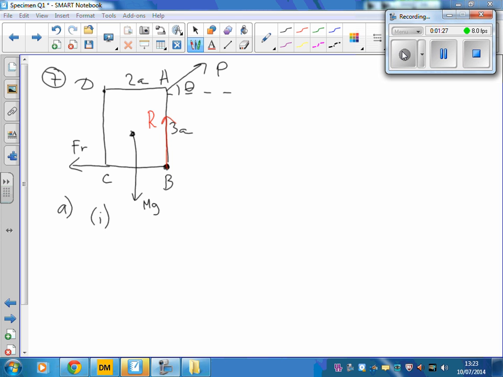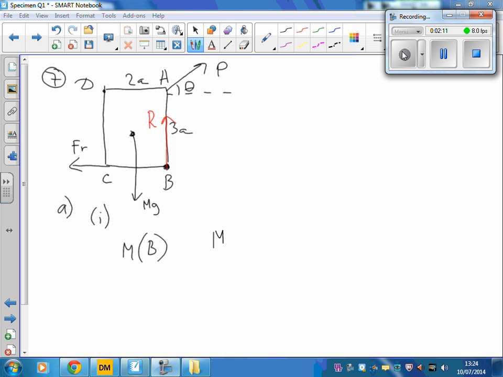So if we find the moments about point B, we can see that there are two forces which have non-zero moment about B. It's the weight and the pulling force P. The friction force and the reaction force have moment 0 because their lines of action go through B.